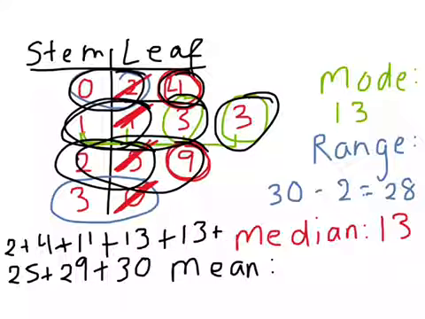So you add every single number that is represented there. So you add and divide for the mean. Once you add all of those up, you need to divide it by how many numbers are in that data set. So you would count how many leaves there are. 1, 2, 3, 4, 5, 6, 7, 8. So you would divide all of that by 8.